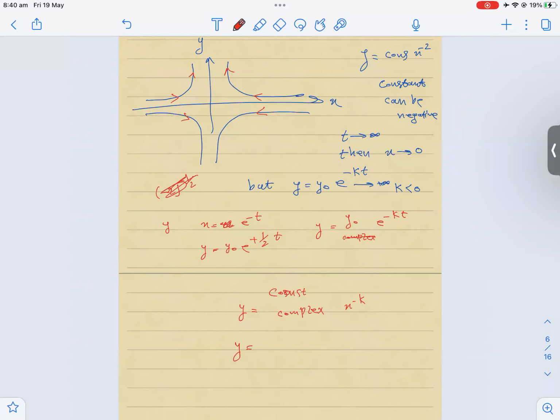What complex coefficient here? So I see that y will be complex valued.